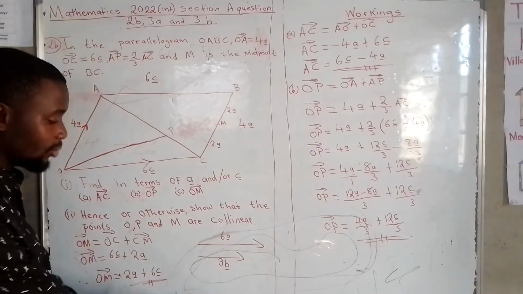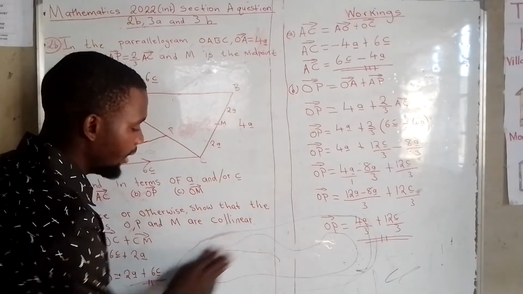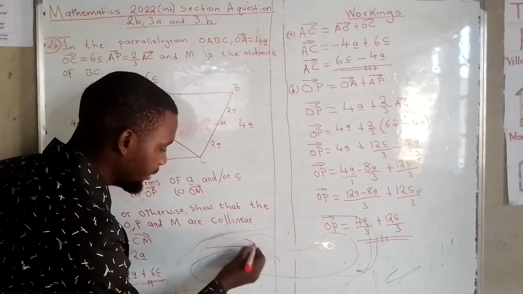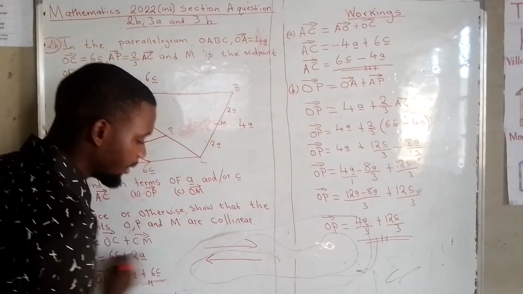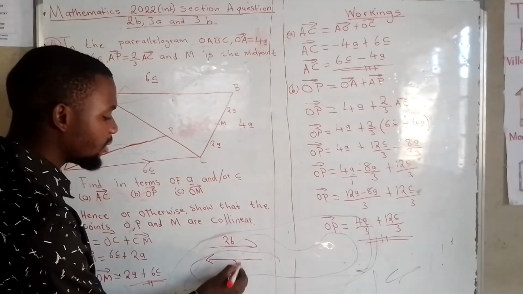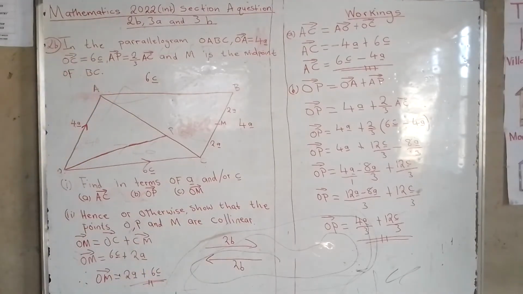The same applies to lines which are like this. Sometimes you might have a line like that and this one like that. So if this one is 2b, and this one is 2b, they're having the same magnitude, which means they're parallel to each other. So when they say collinear, they're trying to talk about parallel.